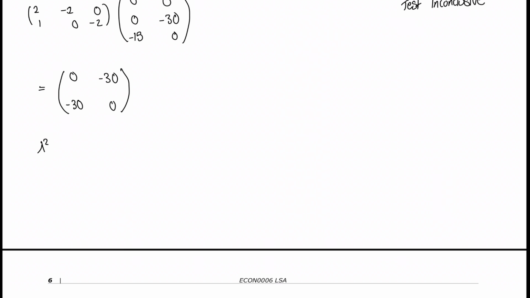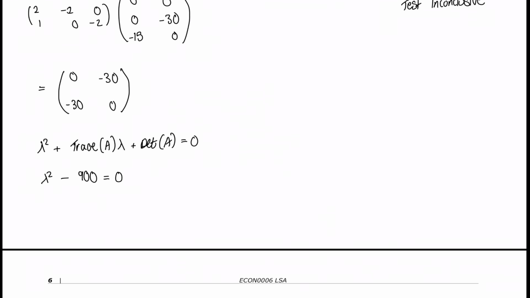If I now write down the characteristic equation of this matrix, for a 2 by 2 matrix, the characteristic equation is lambda squared plus the trace of this matrix times lambda, plus the determinant of this matrix, equal to 0. So we get lambda squared plus the trace, which is 0, because it's just this leading diagonal added together, plus the determinant, which is going to be minus 900.